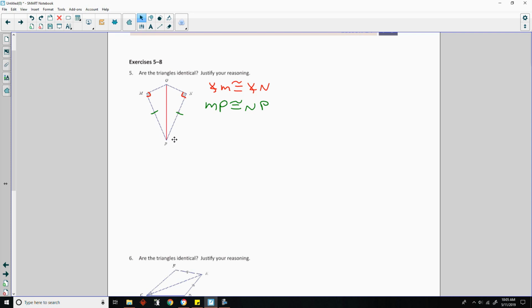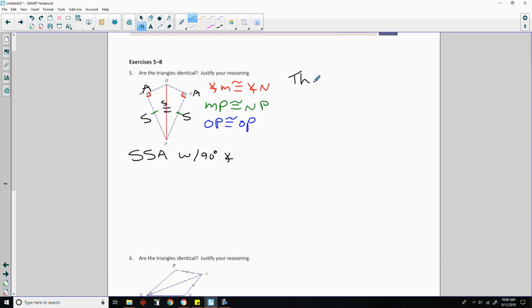So OP is equal to itself. All right, so now when I label these, I have an angle on this one, I have a side, I have a side. And this is a shared side, so they're congruent. So this is an angle and two sides. So that's SSA, but with a 90-degree angle. So with the 90-degree angle, SSA confirms that the triangles are identical.